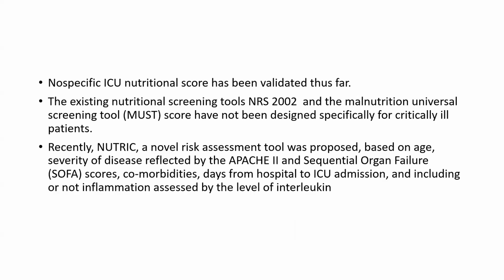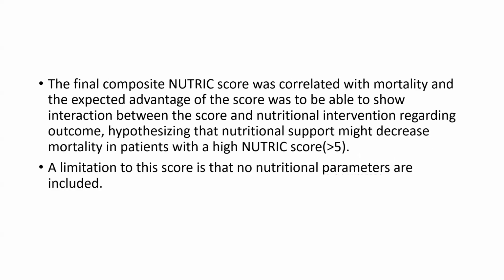No specific ICU nutritional score has been validated so far. Existing nutritional screening tools, NRS 2002 and the Malnutrition Universal Screening Tool score, have not been designed specifically for critically ill patients. Recently, the NUTRIC score, a novel risk assessment tool, was proposed, based on age, severity of disease reflected by APACHE and SOFA scores, comorbidities, days from hospital to ICU admission, and including or not inflammation assessed by the level of interleukin 6. The final composite NUTRIC score was correlated with mortality.